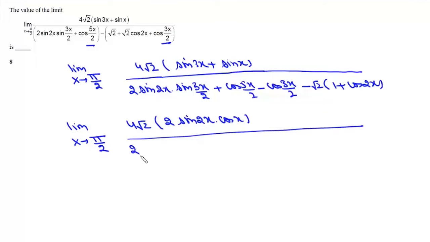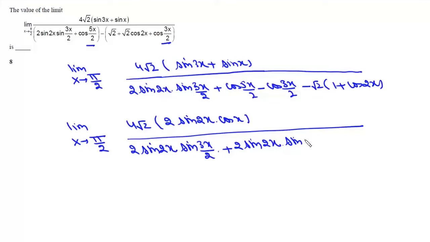In the denominator, we have this 2 sin 2x into sin 3x by 2. Now this is cos c minus cos d, so it will be 2 sin (c plus d) by 2, and there will be 8x upon 4, so it will be this sin 2x and then sin (d minus c) by 2.